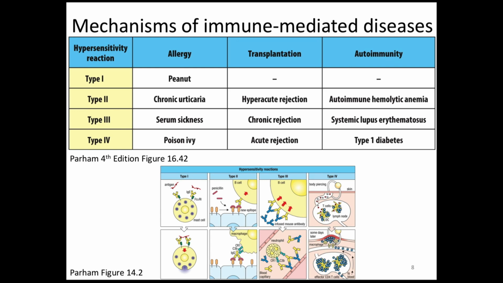What you can also notice in this image is that when we think about allergies, there is this sort of unique feature in that this type 1 response is seen in allergy when we are looking at responses to foreign harmless stuff. And we don't really have a type 1 equivalent in autoimmunity and in transplantation.